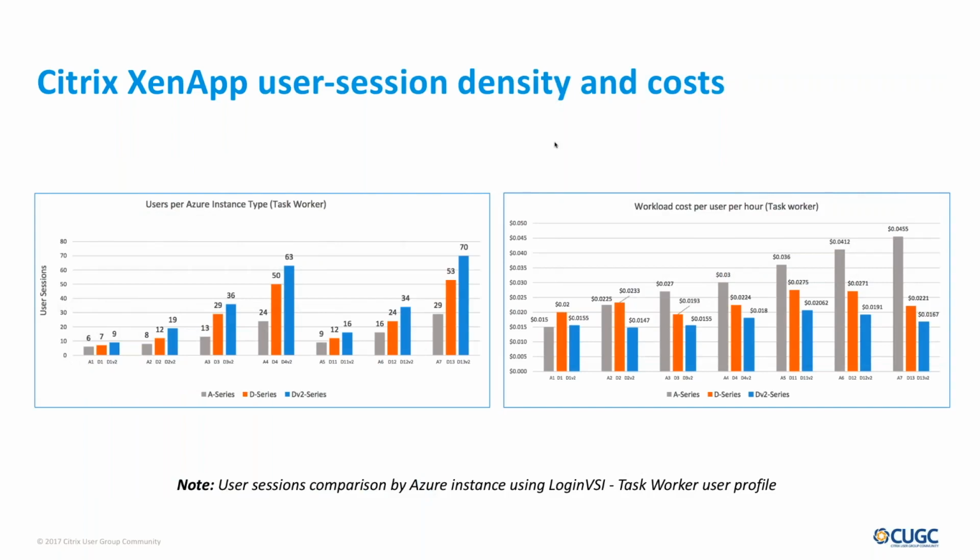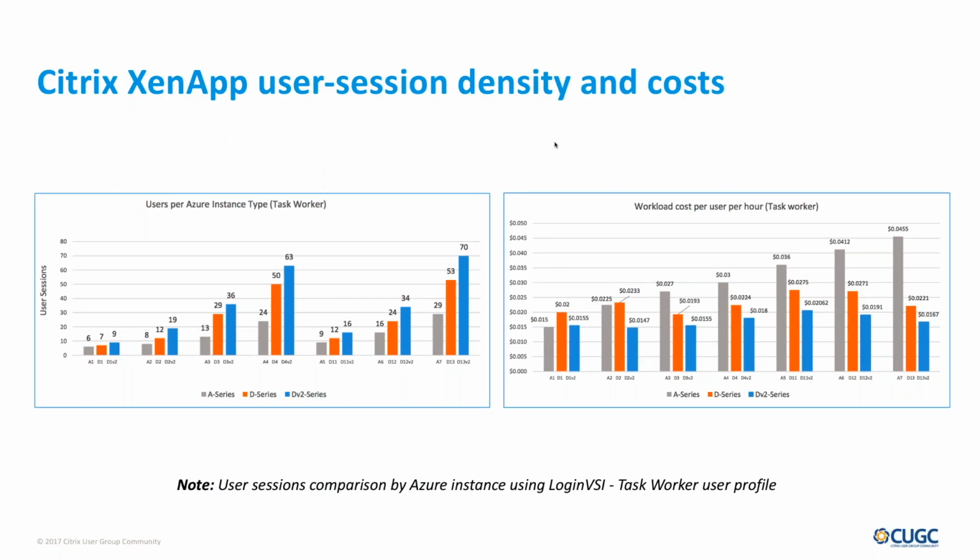Some user session density information. When you choose to activate XenApp in Microsoft Azure, there are some Login VSI measurements that can be found on the internet. These two graphical drawings are from Windows Server 2012.